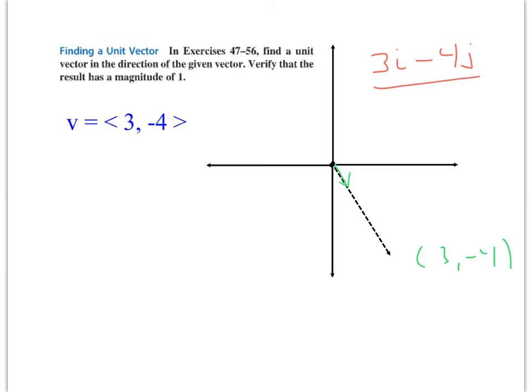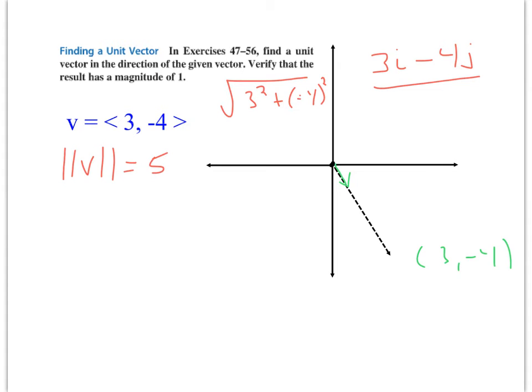Any which way, we're going to take this vector and find the magnitude of it. What is the magnitude of vector v? Well, it's going to be the square root of 3 squared plus the negative 4 squared, which is, of course, 9 plus 16. This is a 3, 4, 5, so the magnitude of v, notice the symbol for magnitude, is 5.